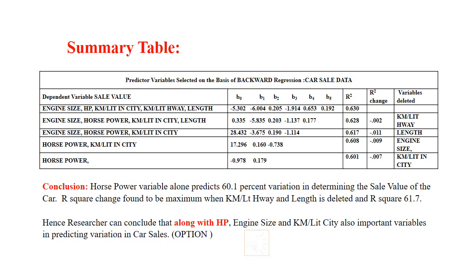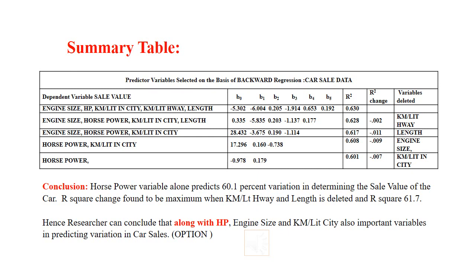Therefore, the conclusion is that the horsepower variable alone explains 60% variation in determining the sale value of the car. R square change is the difference between the earlier R square and the present R square. That R square change was found to be maximum when kilometer per liter in the highway and length of the car were selected. Therefore, R square was found to be 61.7.